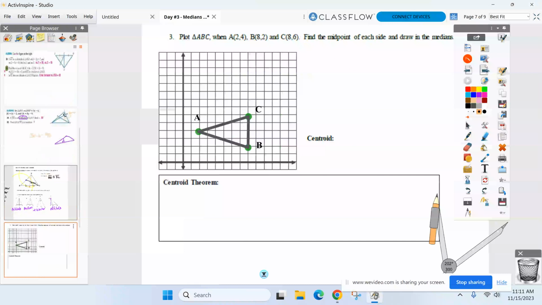Once you have triangle ABC graphed, find the midpoint of each side and draw in the median for each side, and see if anything special happens when you draw on the medians. You have to use the midpoint formula to do so. No construction here, I want it done algebraically.